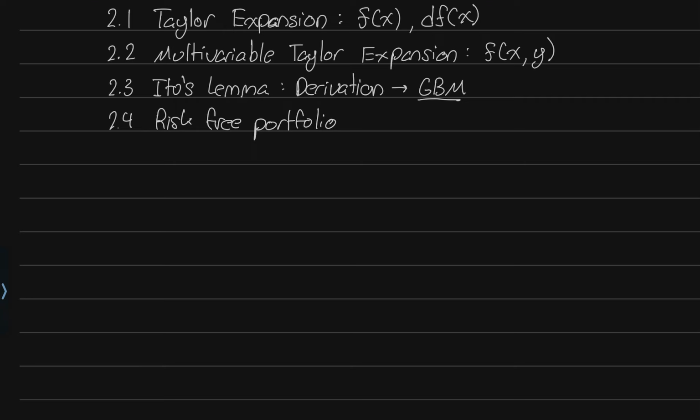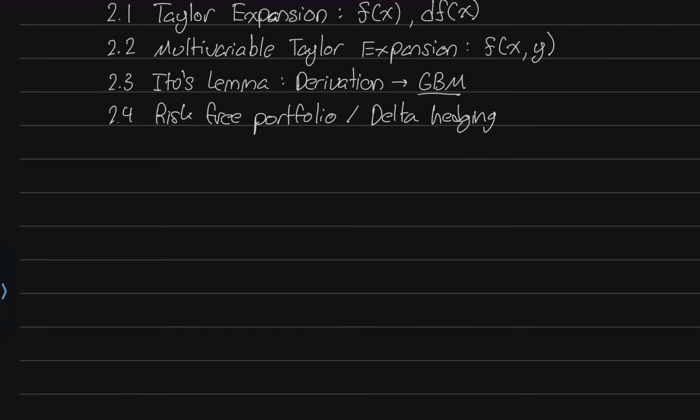We'll also be going over risk-free rate, and going off of this, we'll also be discussing something called delta hedging, and why that's important in constructing this risk-free portfolio and, in the end, finding a fair price for a European option under Black-Scholes conditions. Once we've laid out all of those, we can finally conclude our derivation on the Black-Scholes.